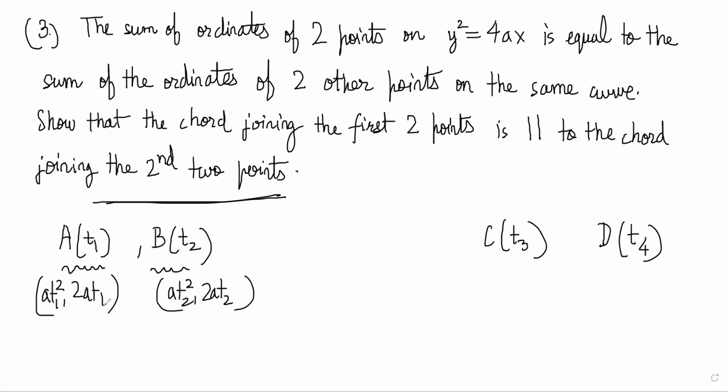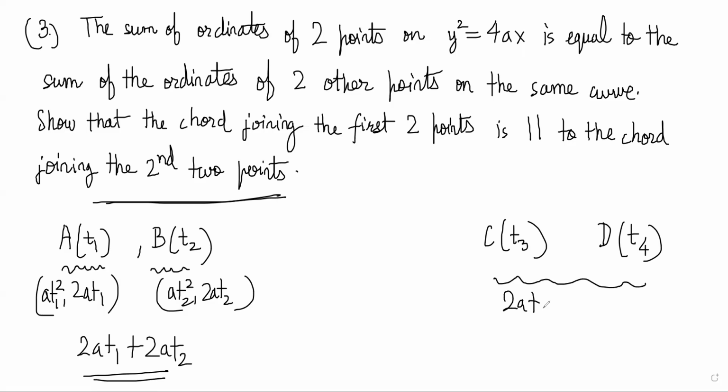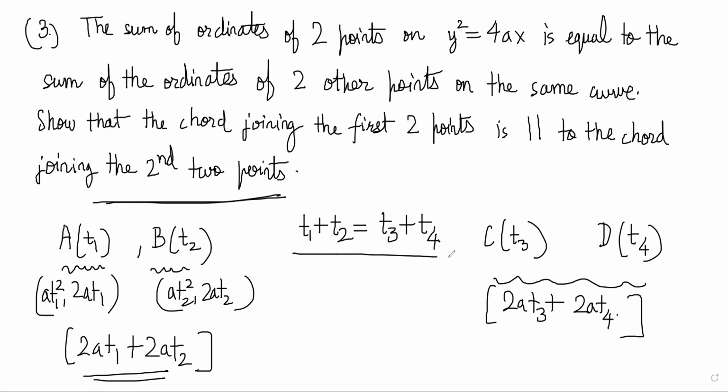You should know that abscissa means x coordinate and ordinate means y coordinate. So the sum of the ordinates here is 2at1 + 2at2 for the first 2 points. Similarly, the sum of the ordinates here will be 2at3 + 2at4. The question is saying that these sums are equal. So basically you're getting t1 + t2 = t3 + t4 because 2a is common to both, right?